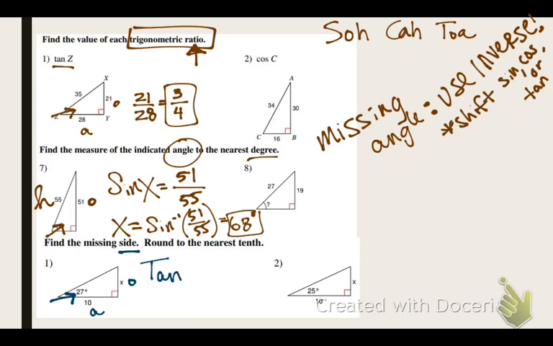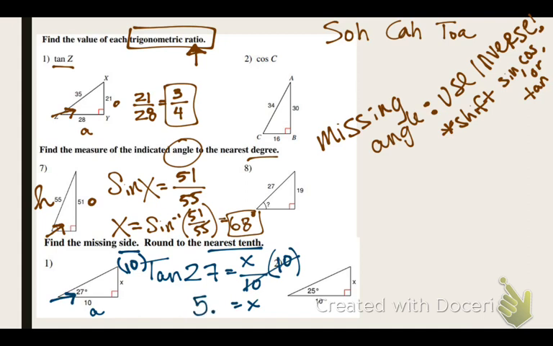So tangent of 27 equals the opposite, which is X, over the adjacent, which is 10. What's happening to X? It's being divided by 10. So what's the opposite of dividing by 10? Multiplying by 10. So multiply both sides by 10. So you type in 10 tangent of 27 and round to the nearest tenth. Type it in. 5.1.